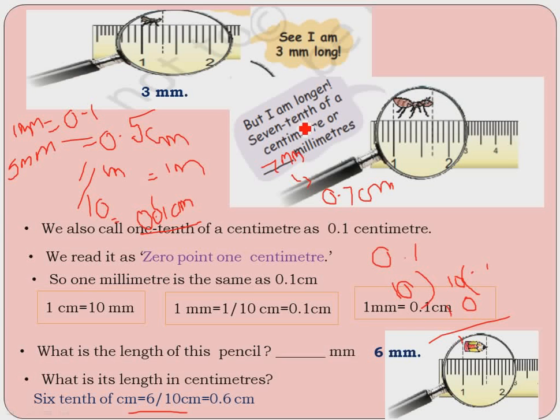Understood? Longer, 7/10 of a centimeter, we can write it as 7 by 10 centimeters. That is also correct. And 7 by 10 centimeters means how many millimeters? 7 millimeters. And if I write this in centimeters only, then it will be 0.7 centimeters. Understood, children, how to convert all this?